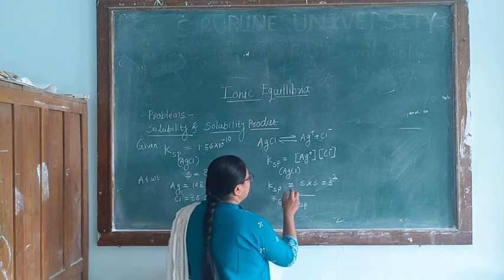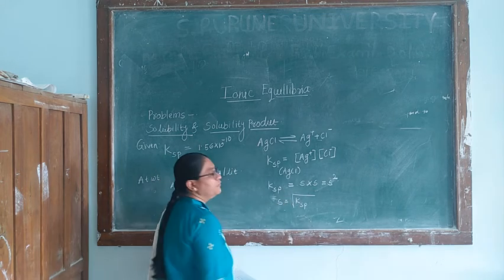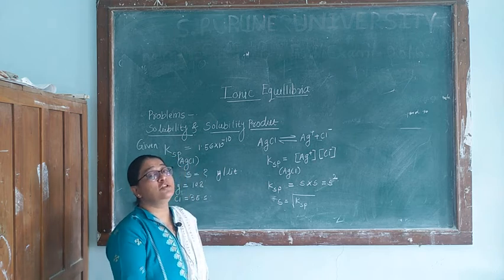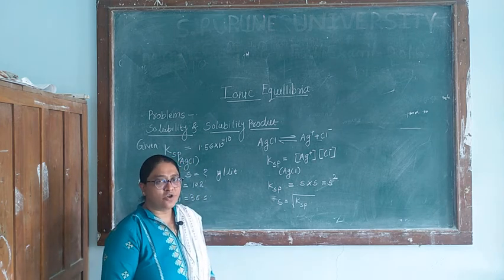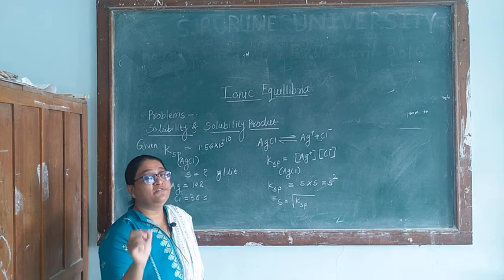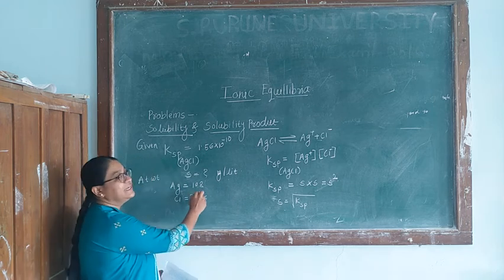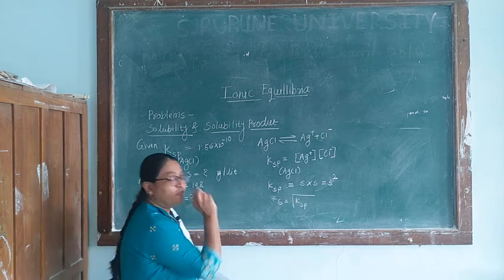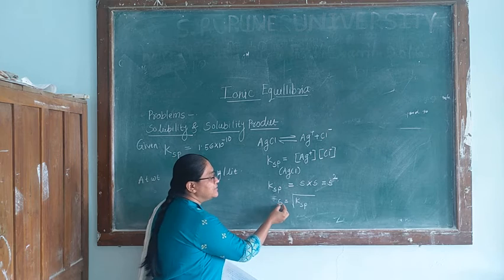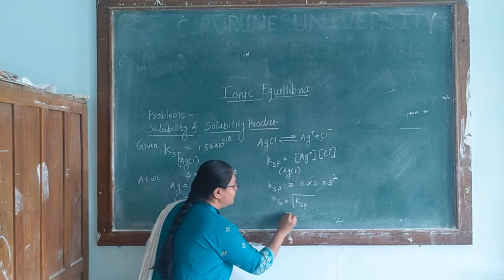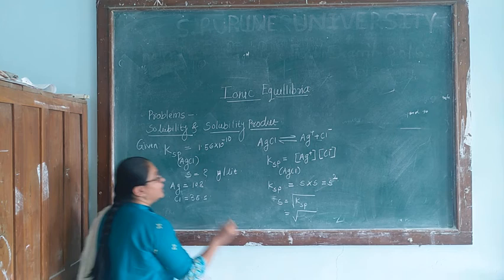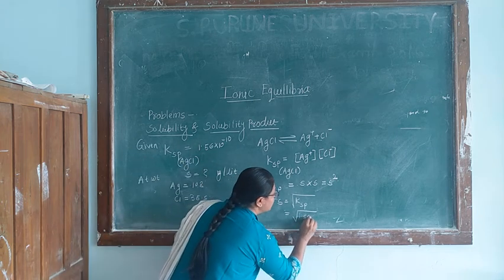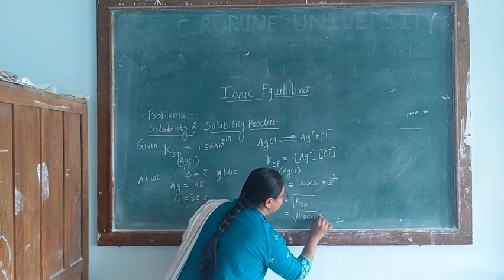The solubility calculated from the solubility product will be in units of moles per liter. But we have been asked for the solubility in grams per liter. First, we will calculate the solubility in moles per liter from the solubility product. We know the solubility product of silver chloride is 1.56 into 10 to the power minus 10.